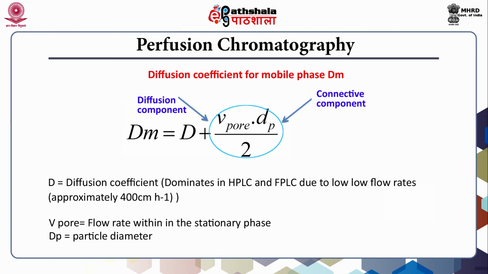The connective component is V pore multiplied by dP divided by 2, where V pore is the flow rate of the mobile phase within the stationary phase, and dP is the particle diameter. In HPLC and FPLC the diffusion component dominates, but in perfusion chromatography the connective component dominates. In the next slide, we can see this further mathematically.